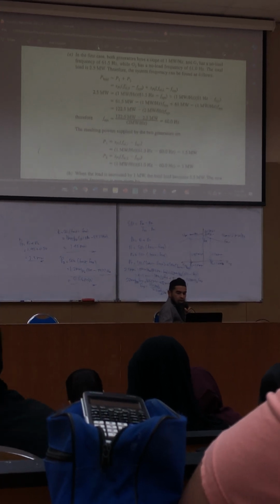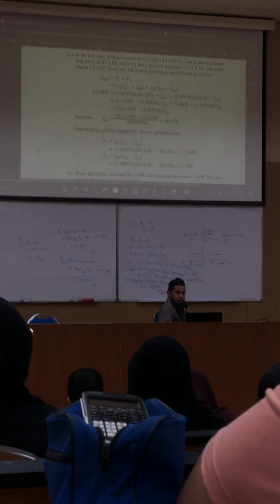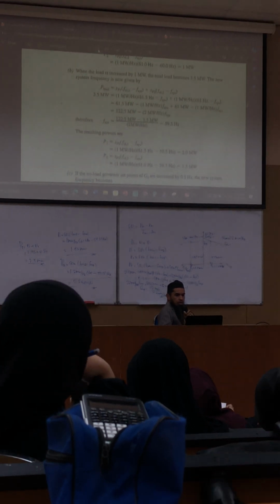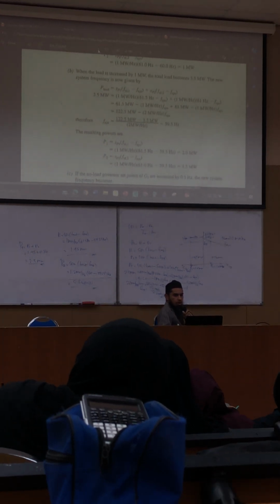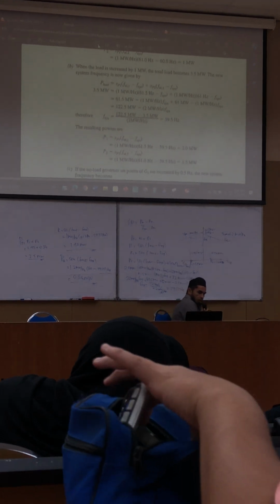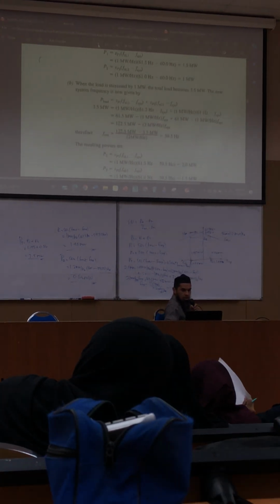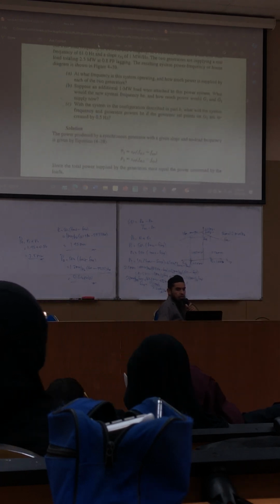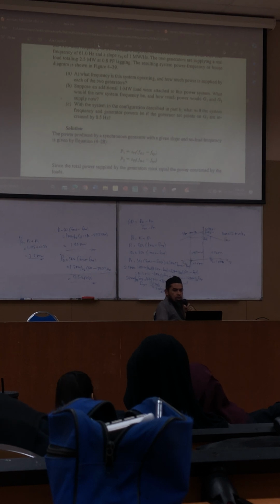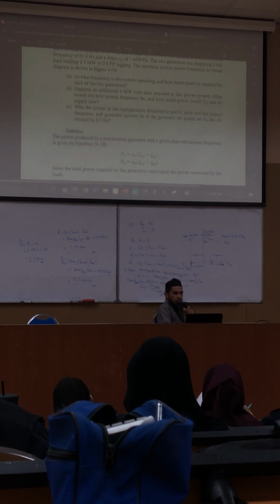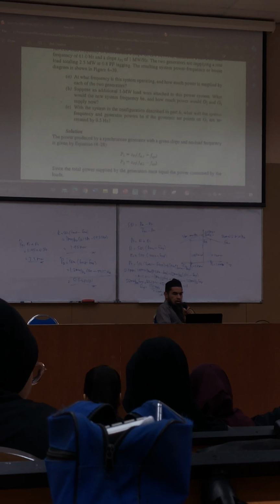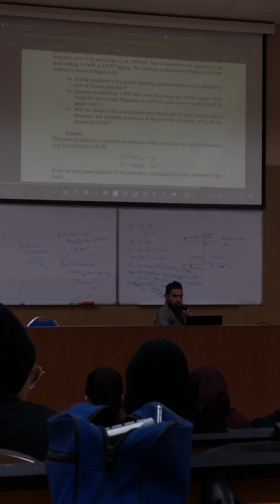Then if the load is increased to a certain value, when we increase the load from 1 megawatt to 3.5 megawatt, what is the question? Suppose an additional 1 megawatt load is attached to this power system, they say 1 megawatt additional. So what does the portion of sharing become?